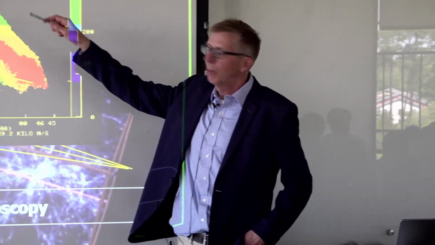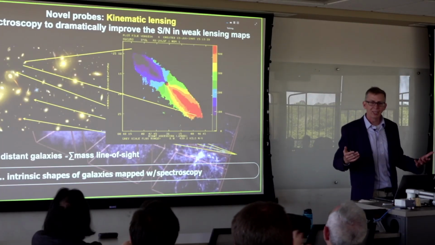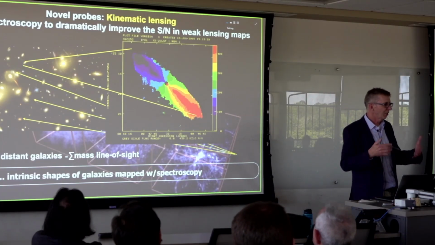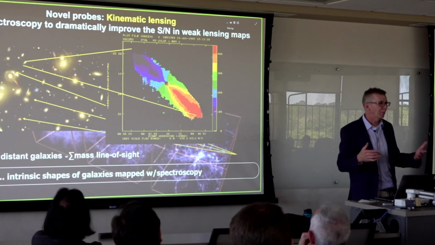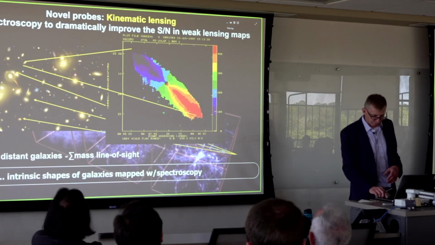So again, this hasn't really been employed yet, but in principle, this is something that could take these big maps that we'll be getting in the next few years and actually increasing the signal to noise in those maps by a factor of 10 or 20. So that could be exciting.